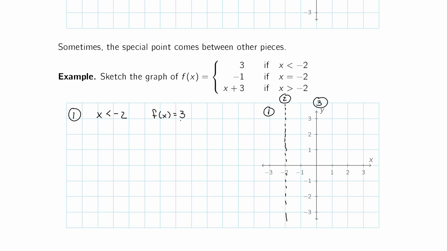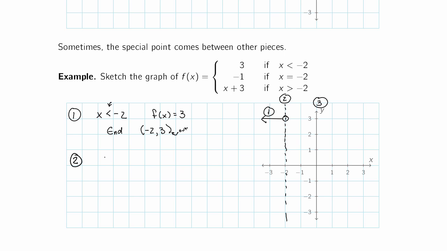And so we'll draw a horizontal line at 3, and the end point will be -2, 3. Because x is not allowed to equal -2, that's going to be empty. So I'll put an empty circle at -2, 3, and then draw the horizontal line to the left of that. Why to the left? Because this part of the graph is where x is less than -2.